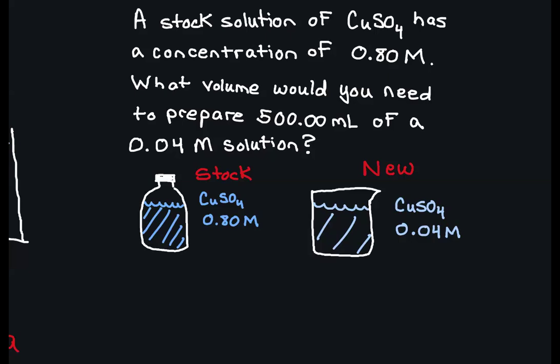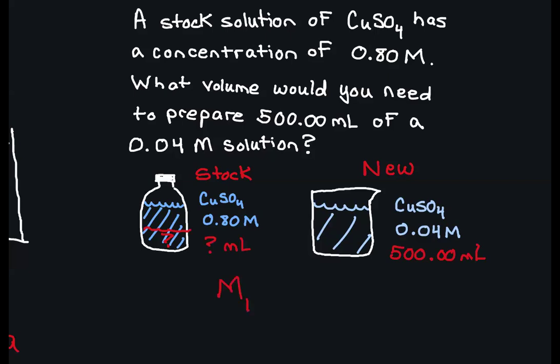What we need to find out is how much of this solution we need to dilute to get to 500 milliliters. So we need to know how many milliliters of this. Okay, so let's do some labeling. We have M1, V1, M2, and V2.